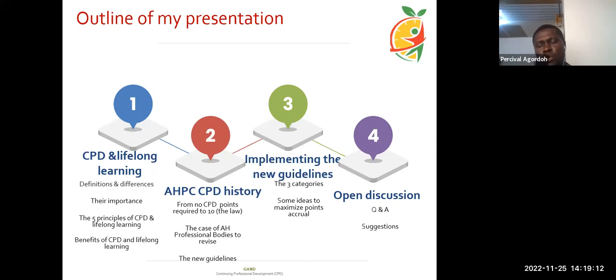And then we'll now look at the new guidelines. We'll actually look at the guidelines itself and look at each activity and try to situate each activity under one of the three categories. Unfortunately, well, there are still some uncertainties about some activities, but at least for the most part, we can determine where each activity sits. And then I'll open the discussions for all of us to contribute to.